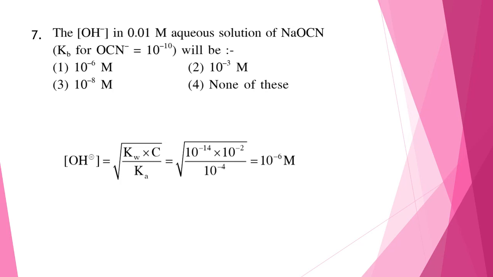Now as Kw we know it is 10 to the power minus 14. It is given 0.01 molar, that is 10 to the power minus 2, and Ka as Kb we know it is 10 to the power minus 10, therefore Ka will be 10 to the power minus 4. So when we solve this, we get concentration of OH negative as 10 to the power minus 6 molar. So the correct answer is option 1.